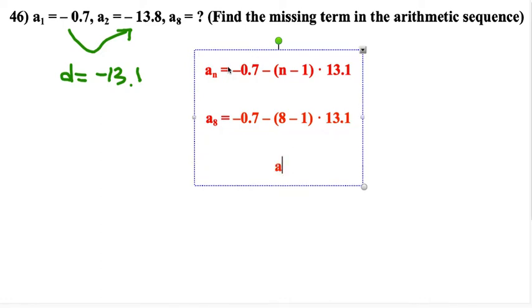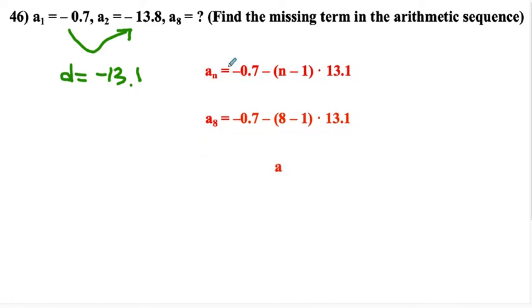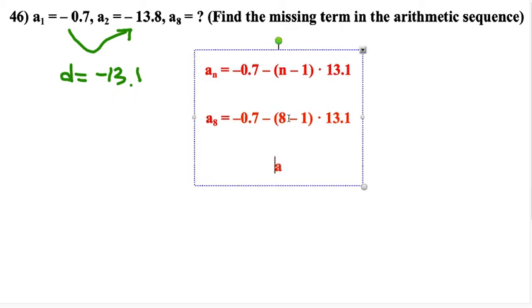In the end, when you run the numbers, a sub 8 equals negative 98. That's it.